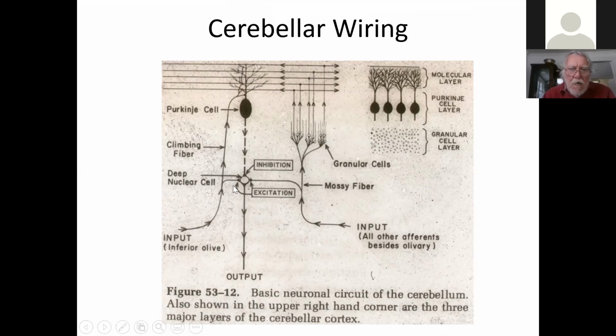And then the Purkinje cell comes down and will now work on a deep cerebellar nuclei, and it'll either work through excitation via Mossy fibers or inhibition.